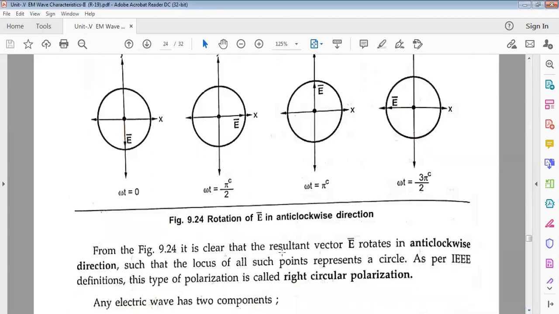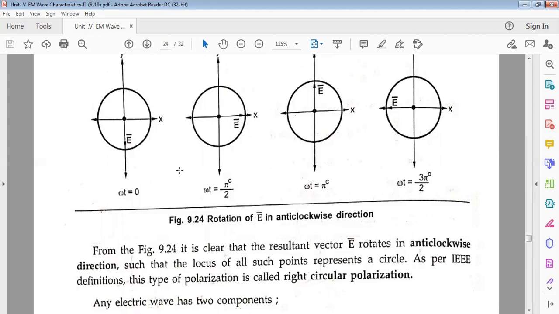So from the figure, it is clear that the resultant vector E bar rotates in anti-clockwise direction. Previously, it was clockwise when we took delta equal to pi by 2. Now, in this case, we take delta equal to minus pi by 2. It is clear that the resultant vector E bar rotates in anti-clockwise direction such that the locus of all such points represents a circle. This type of polarization is called right circular polarization.